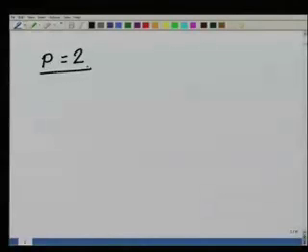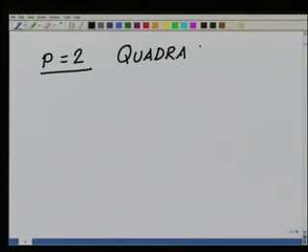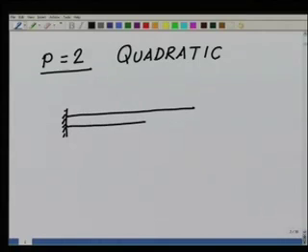So the next example that we will do is p equal to 2, that is, the order of approximation is quadratic. For this, let us see what we have to do as far as the approximation is concerned. We take the same domain that we had taken earlier, with an end load p.